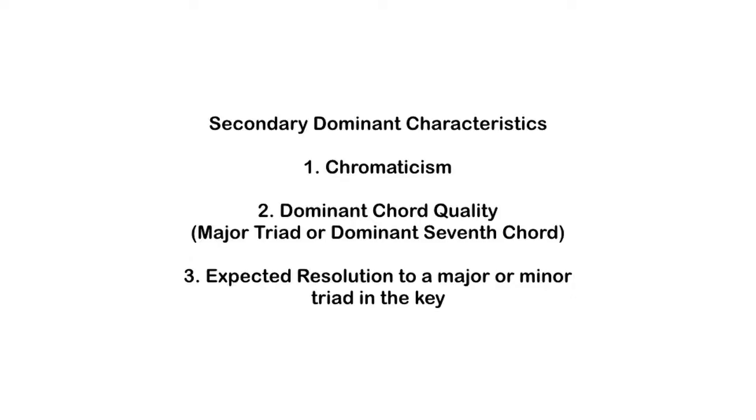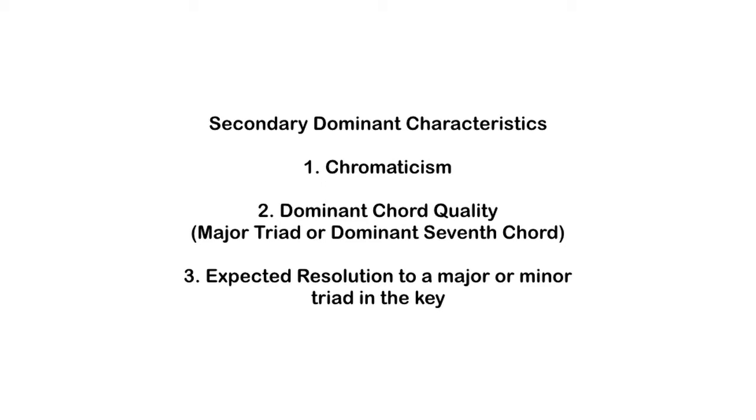Now first we have to know the theory, and for that we need to understand a little bit about secondary dominant chords. Like I said before, I cover this in a different video, but we can review some of the highlights. First of all, a secondary dominant is a chromatic chord. In most cases, it uses at least one chromatic tone, and some use more. Second, it is a dominant sound.